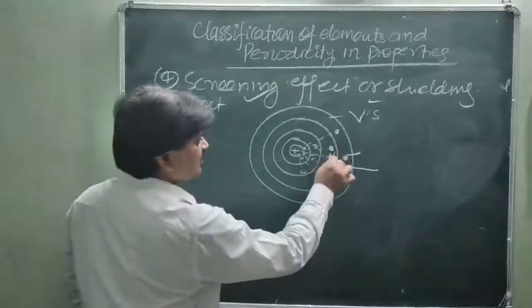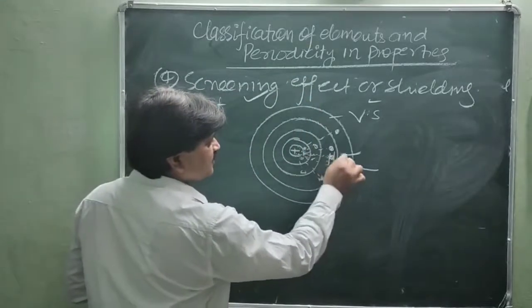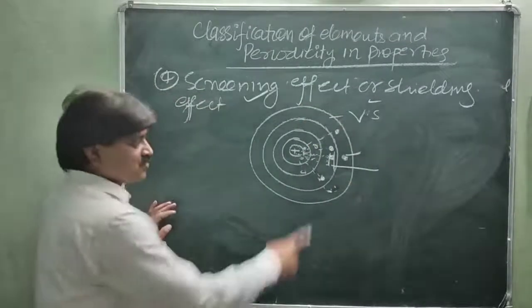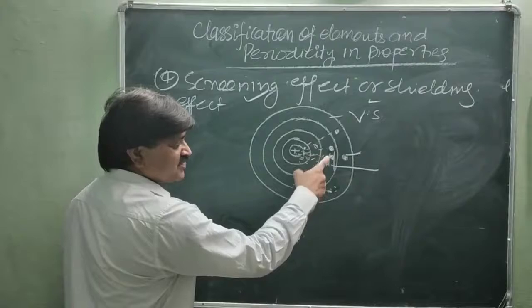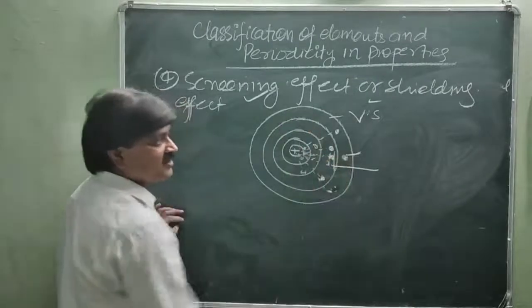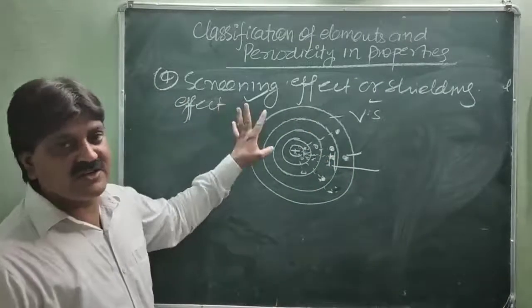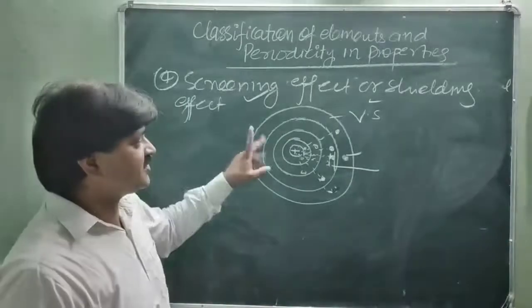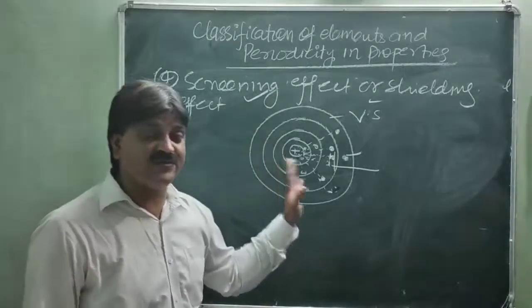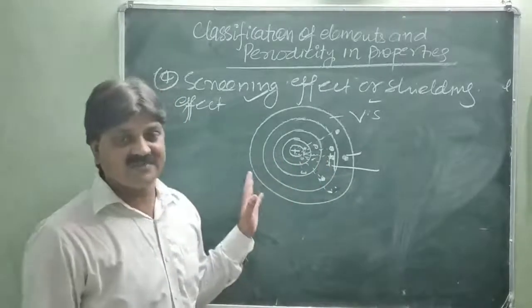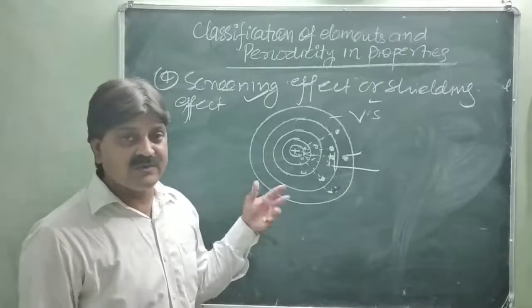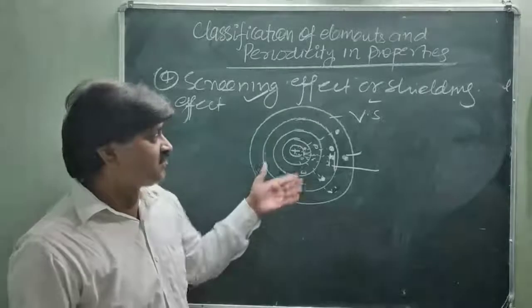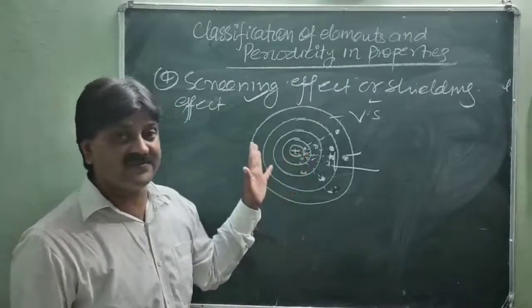This inner shell electron covers the part of the nucleus which directly interacts with the valence electron. Due to this reason it is called the screening effect. Watch carefully because it is very important, and its role is very important in the P block elements. Whenever you read the P block, the inert pair effect will be discussed, so its role is very important.